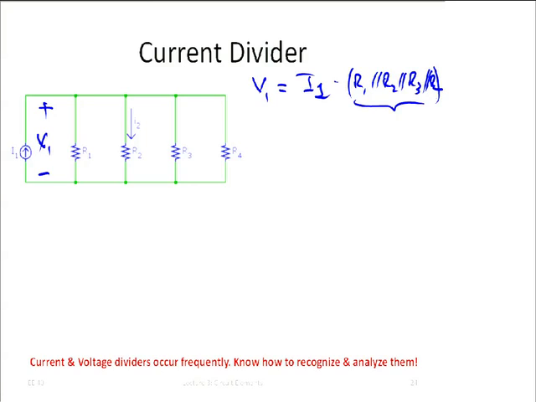Okay, so I2 is now equal to V1 over R2. Ohm's law again. Ohm's law obviously is something you got to know. And so we can finally write I2 is equal to I1 over R2 times R1 parallel R2 parallel R3 parallel R4.